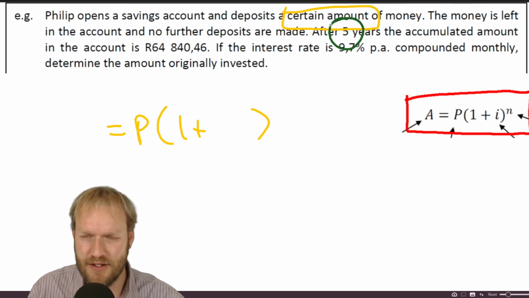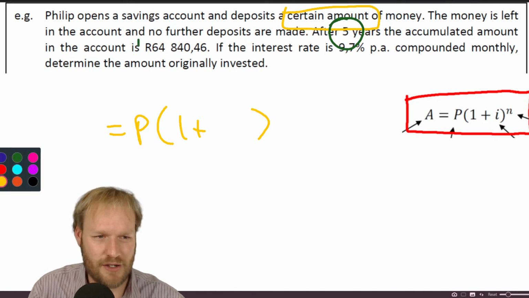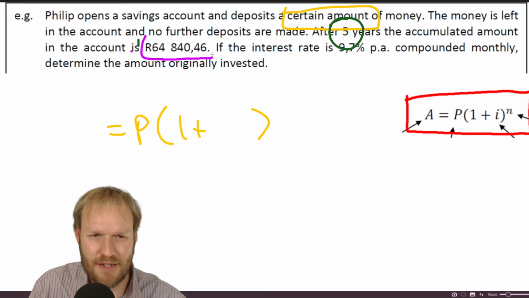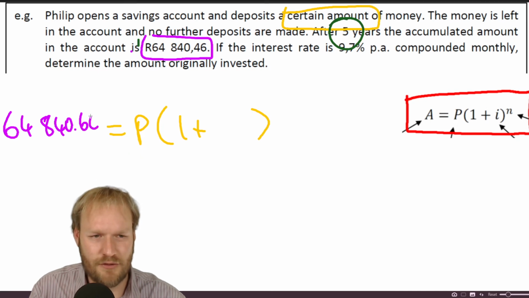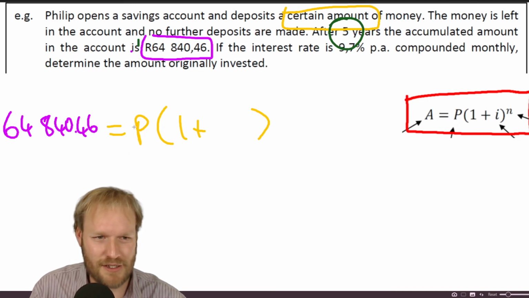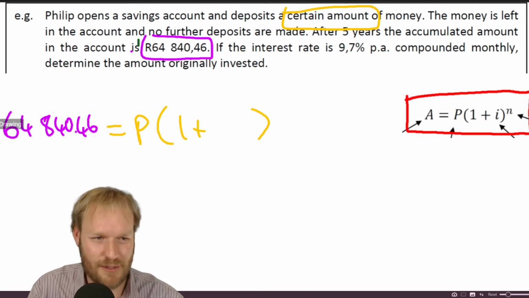After 5 years, we get up to 64,840.46. That's what it grows to. Okay, the interest rate is 9.7%, hidden away somewhere over there.